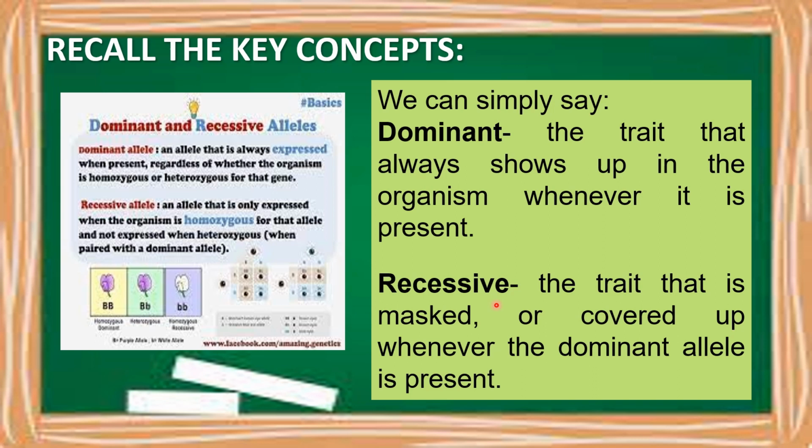Naa siya ana na trait, pero nakatago siya, naka-covered siya because naa may dominant. Ang dominant man ang mas nakita nato outside sa isa ka organism when we observe that organism. So that is the simple meaning of dominant and recessive.